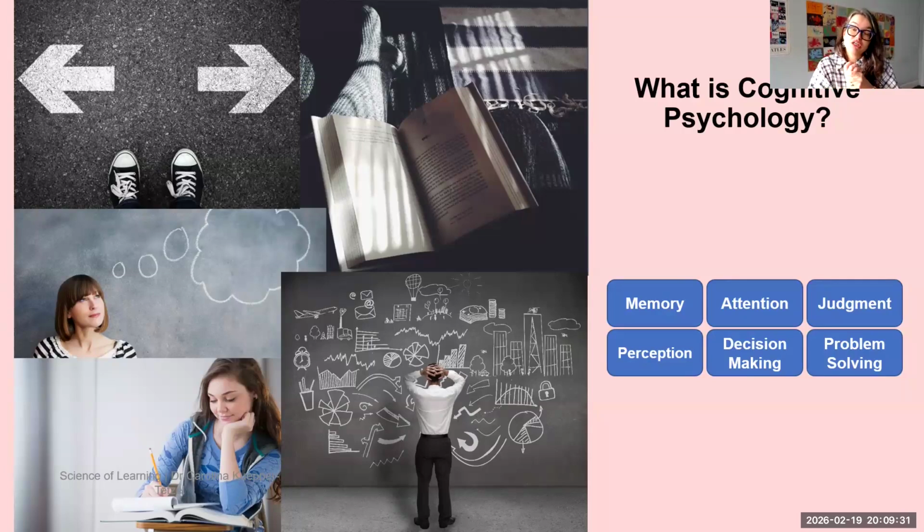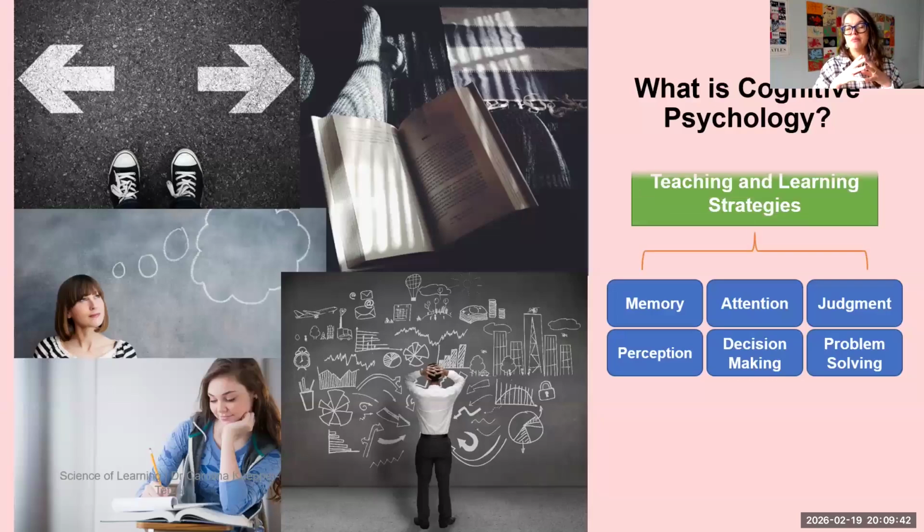It looks at perception, it looks at decision-making and problem solving. So as we can see, all those building blocks can help us inform teaching and learning strategies, okay? So they can be applied to the classroom, and in our case here, to foreign language learning.